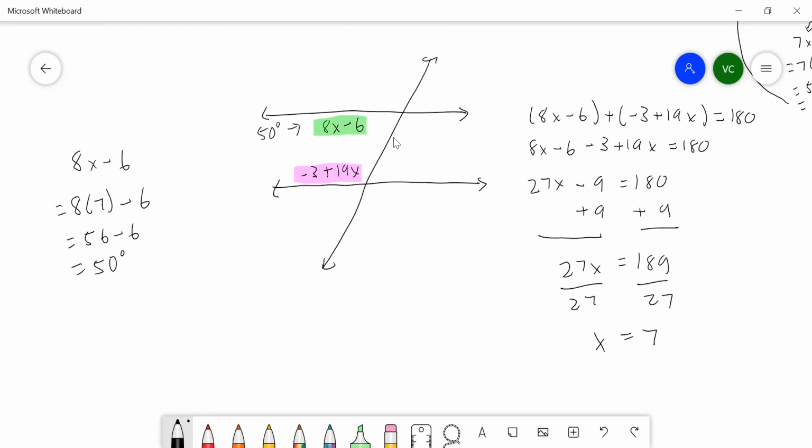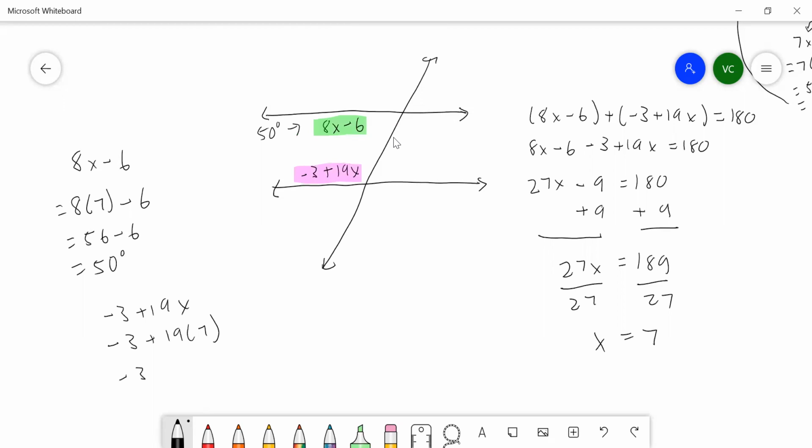So 50 degrees over here. And then let's plug it into the next one. So do this on your own. Negative 3 plus 19x. Pause the video. Okay, what you should have done is negative 3 plus 19 times 7. What's 19 times 7? Calculator. So 19 times 7 is 133.